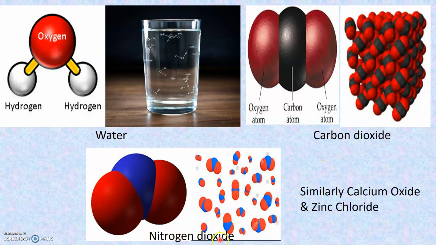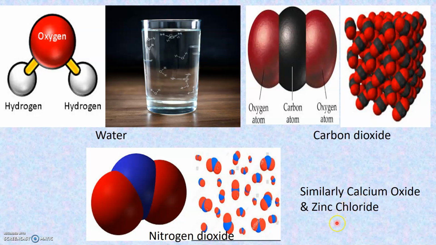Likewise, in the case of nitrogen dioxide, one atom of the element nitrogen will combine with two atoms of the element oxygen in order to form a nitrogen dioxide molecule. And a combination of these nitrogen dioxide molecules will result in the formation of the compound nitrogen dioxide.